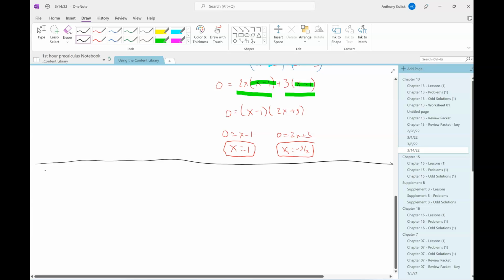Recall, the last thing we had kind of done was we had built out this idea that we can do this synthetic division process, right? And we noted that the synthetic division process was nice because it was faster than the long division, but still gave us all the same information that we got doing long division.